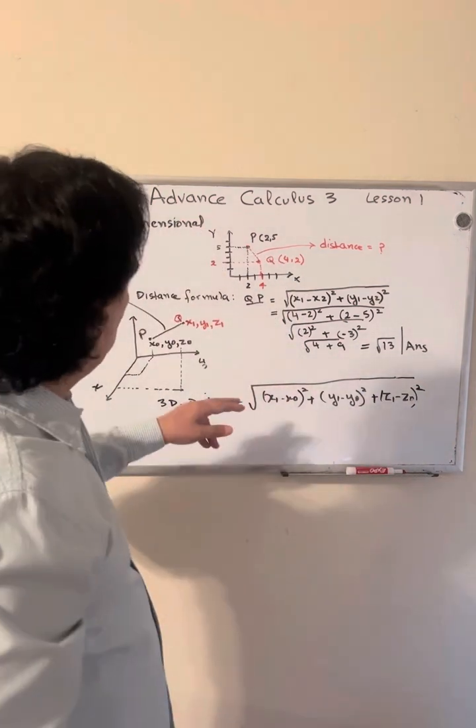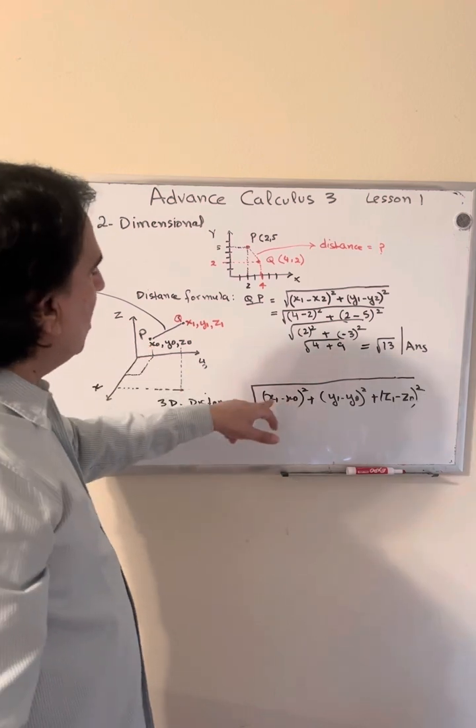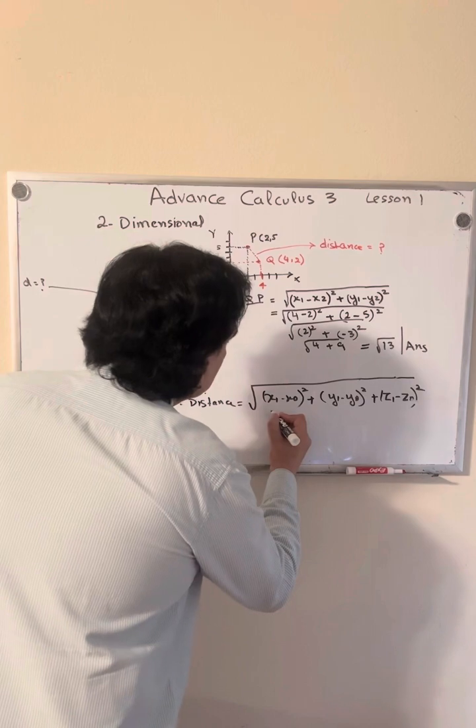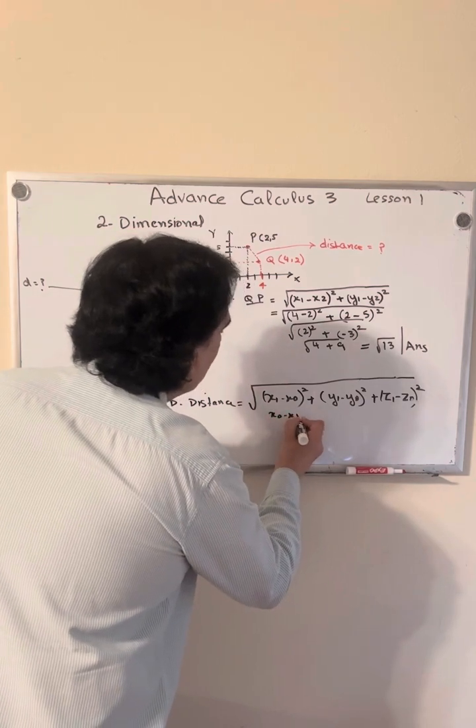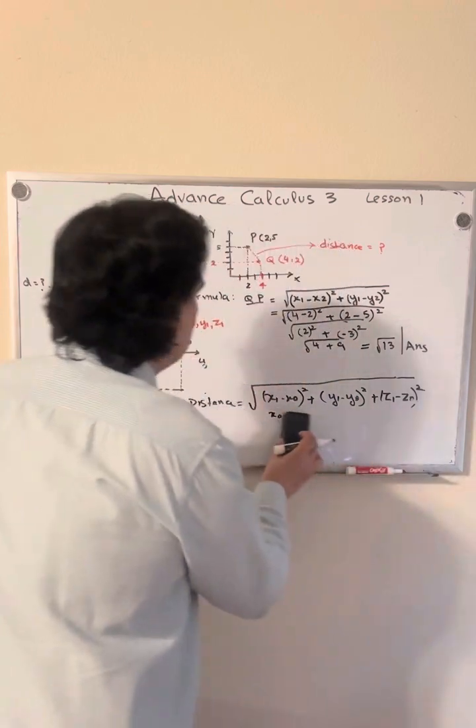Like I said, you can pick x0 first, you can even do it like x0 minus x1. Why? Because when we square it, it's going to become positive. So it doesn't really matter.